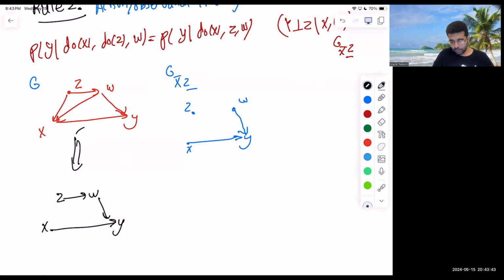Is this correct? Yeah. All right. Let's take a look at what we have here. I want to see whether I can remove one of these do operators.